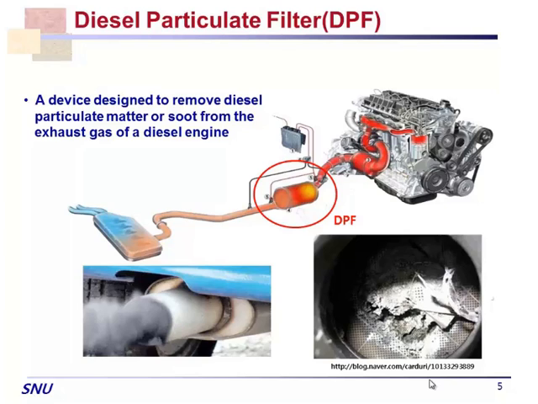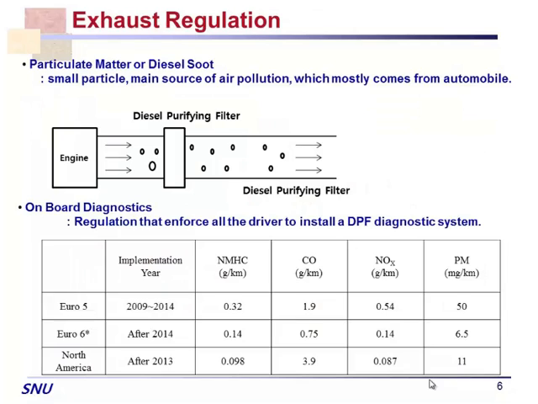But if the filter is gone, then you can see a lot of smoke here or some broken pieces here. So there is a need for the so-called particulate matter sensor, or PM sensor, detecting how this filter is doing. It's quite simple and a cost-effective approach.